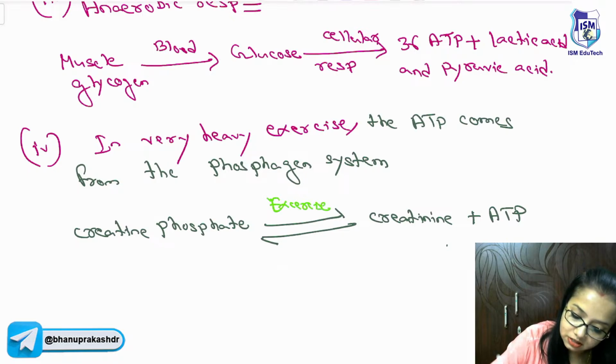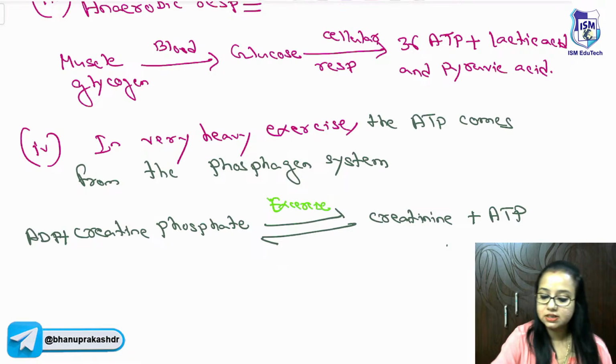Okay, during exercise, ADP plus creatine phosphate breaks down into creatine and ATP.